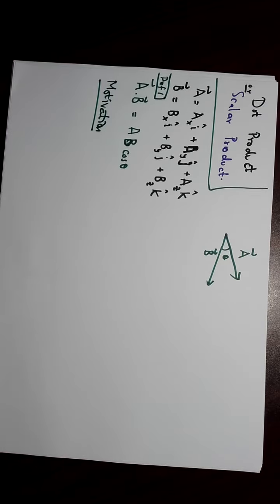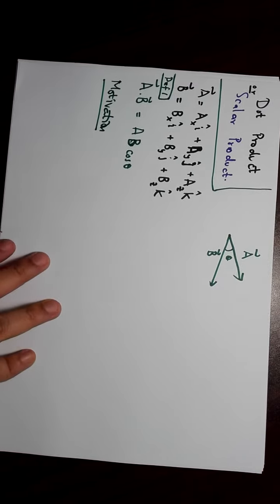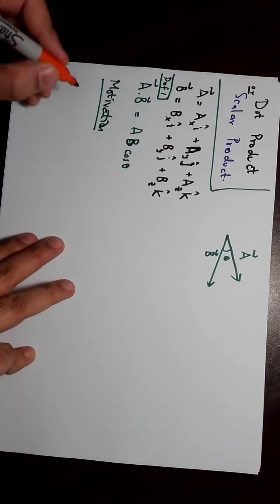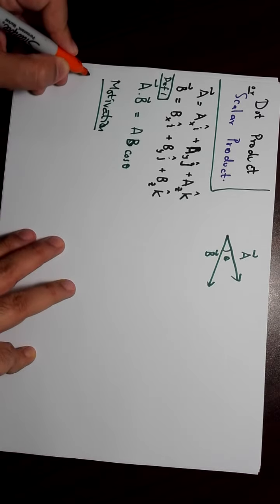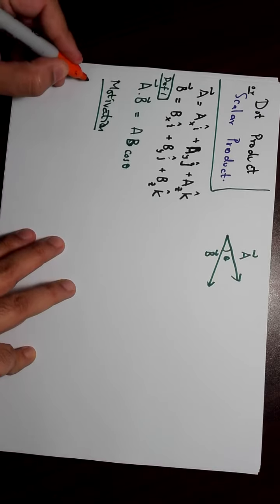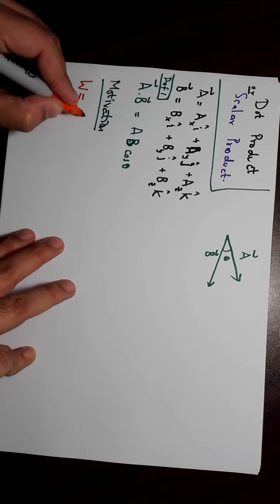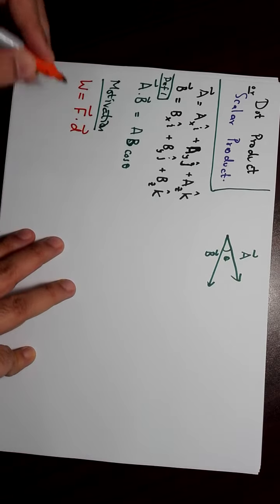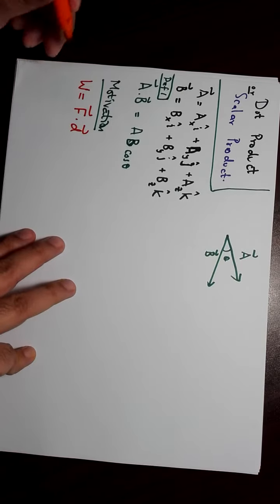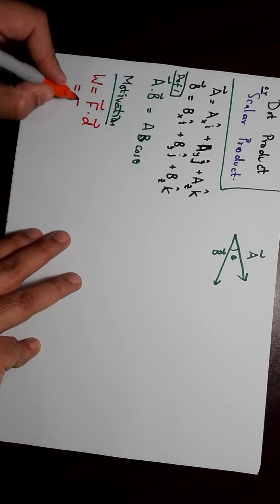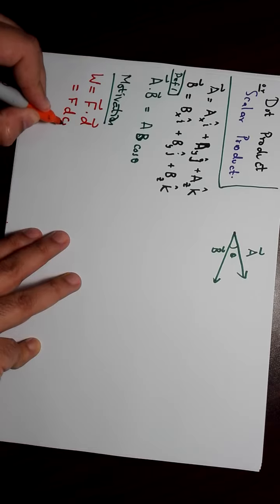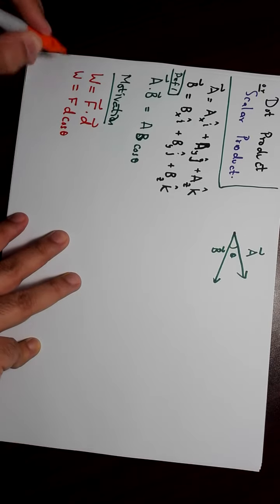Think about a quantity in physics that's given by the dot product. The first thing that comes to my mind is work done, F dot d. The work done is F d cosine theta.